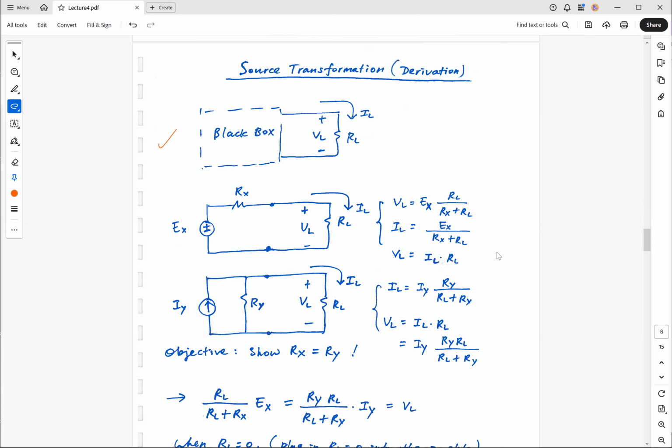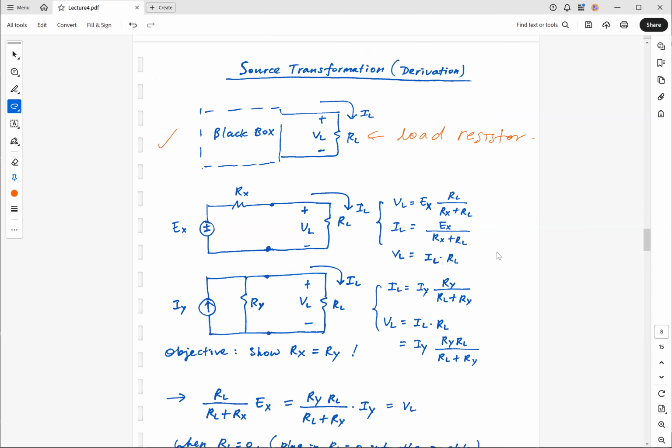Inside this black box, I have a circuit, and this black box is loaded externally with this resistor, my so-called load resistor. It's like some kind of loading, and that loading is connected to this black box, which contains some circuits in it.